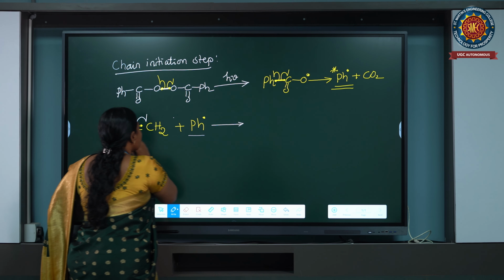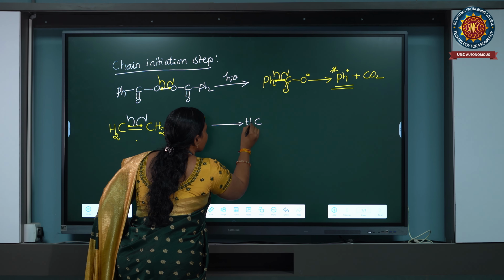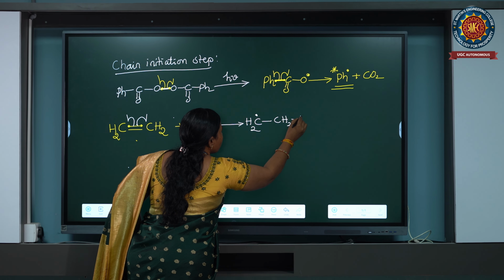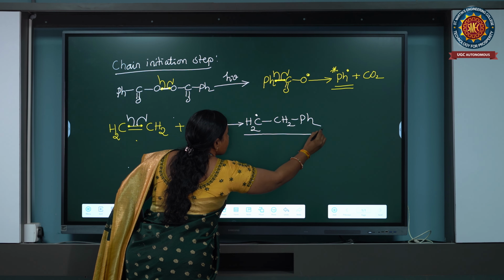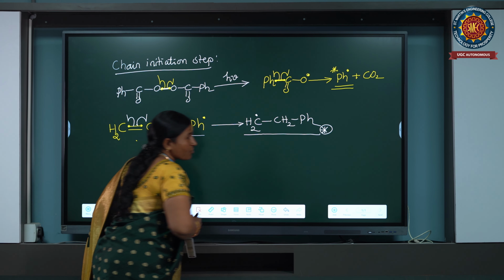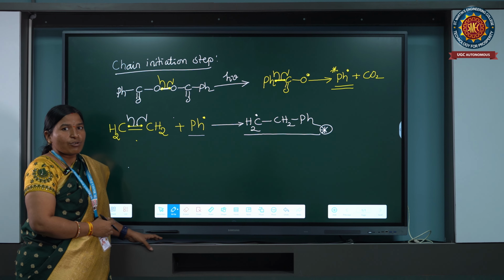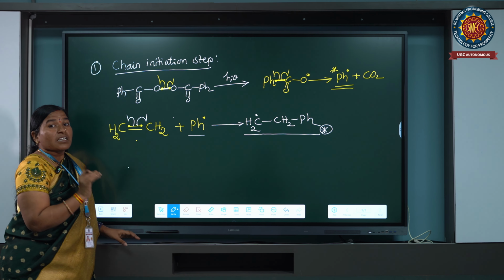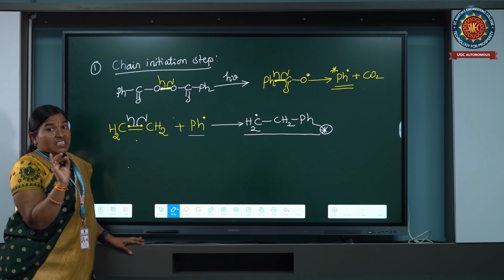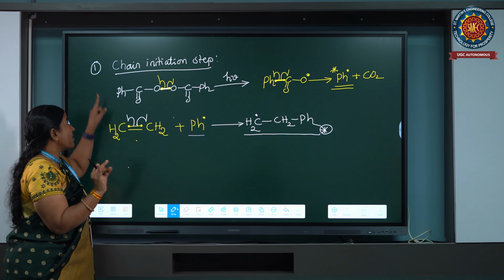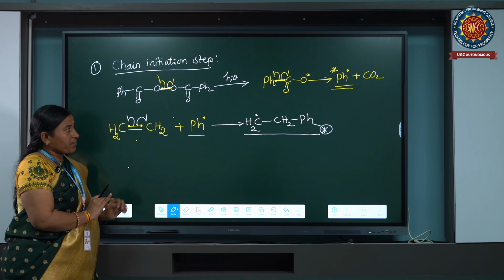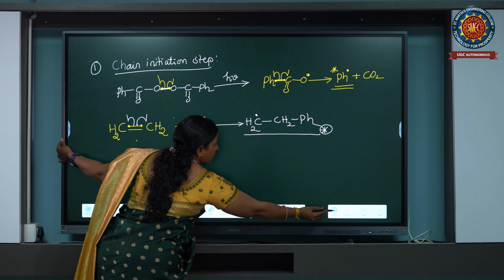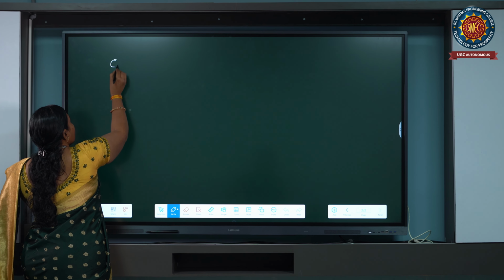Then you again get a radical: Ph CH2 CH2 radical. This is going to start the reaction. This is the first step in the free radical reaction mechanism, the chain initiation step. Then the second step is chain propagation.